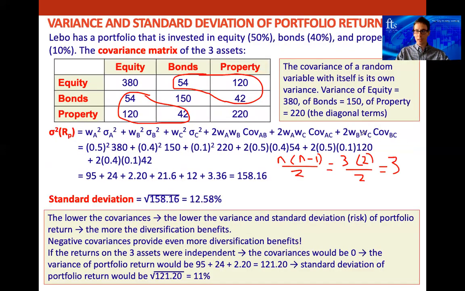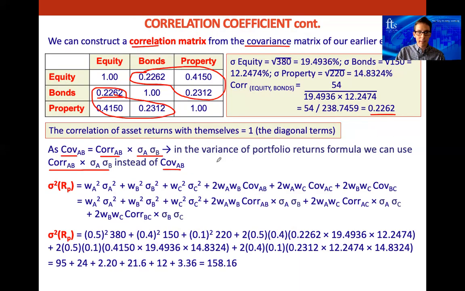That's the same formula. But in the next line, instead of having the covariance between A and B, I've substituted that with the correlation multiplied by the product of the standard deviations. And for this one, instead of having covariance between A and C, we've got the correlation between A and C multiplied by the standard deviations. And lastly, instead of the covariance between B and C, we've got the correlation between them multiplied by the standard deviations.